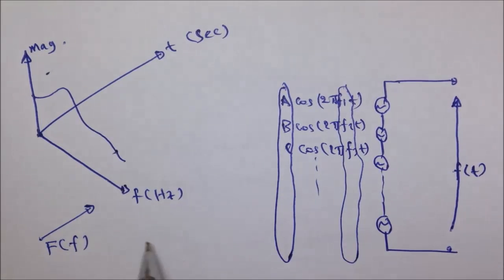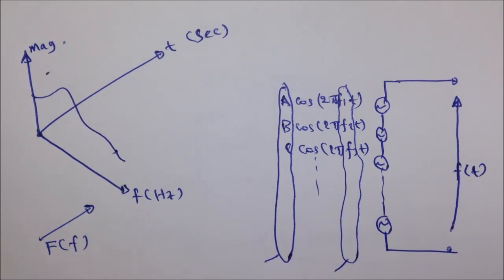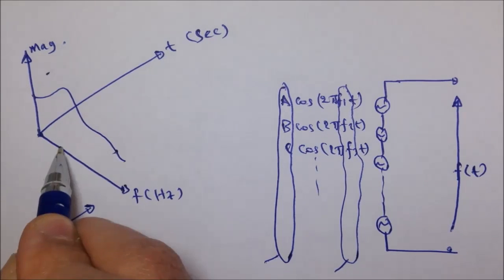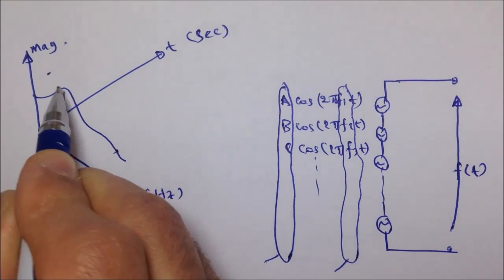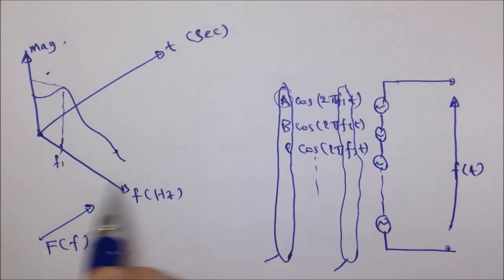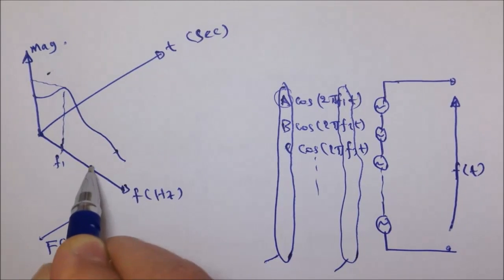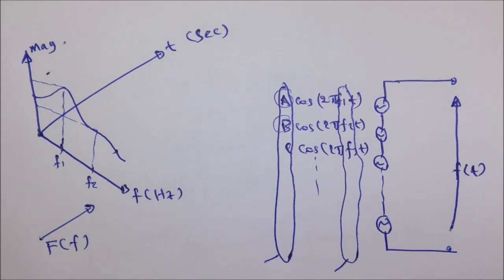For example, if you substitute f1, you get the magnitude at this frequency, which is a. And you substitute f2, you get its magnitude, which is b, and so on.